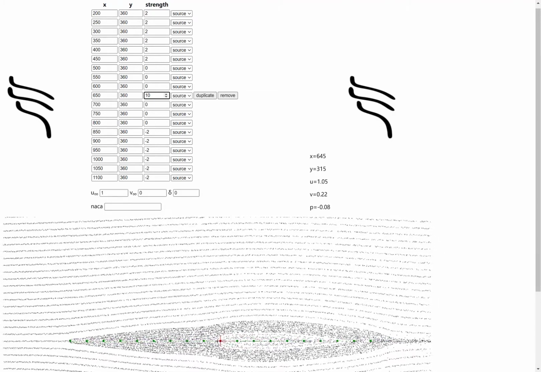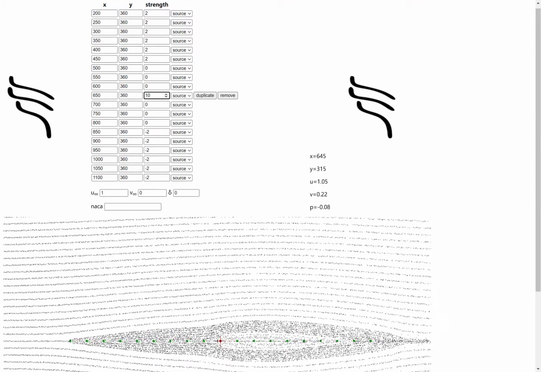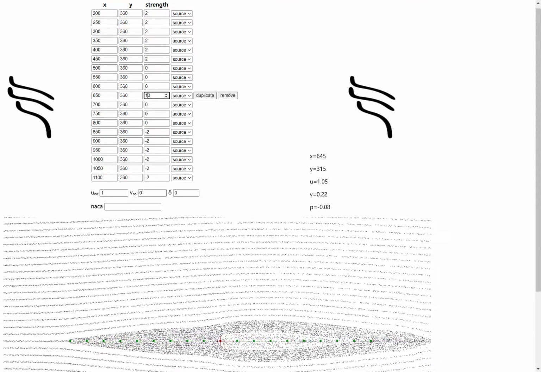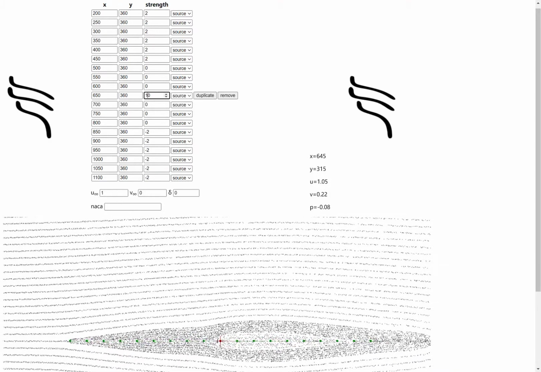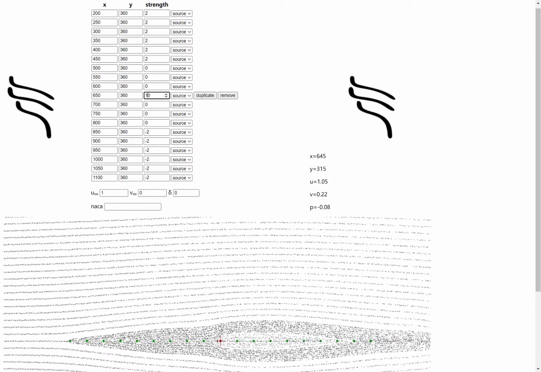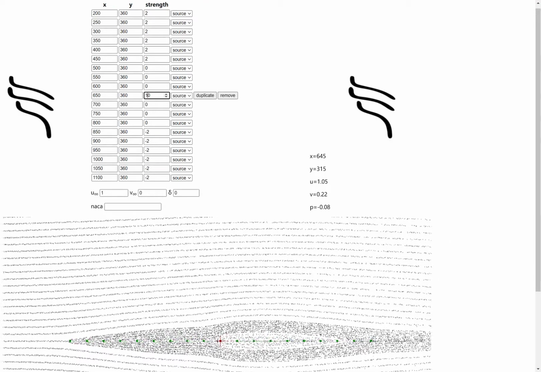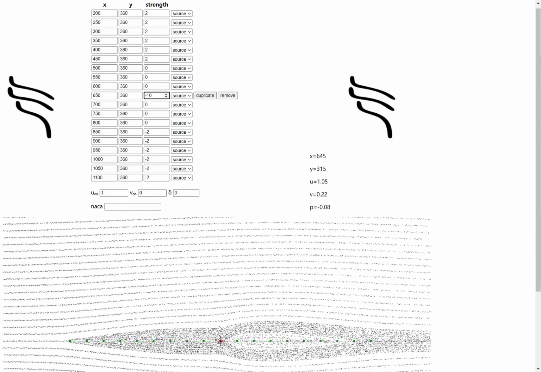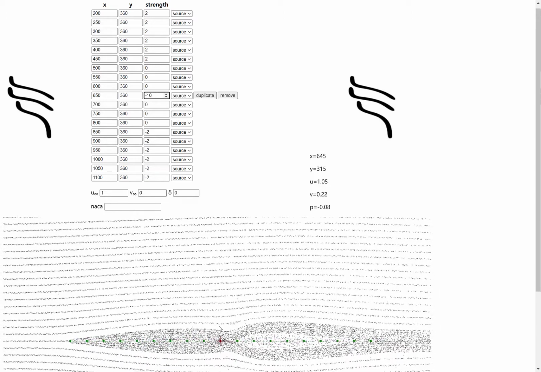So basically, it makes a positive contribution here and a negative contribution here. So a positive source here makes the airfoil thicken at this location. And a negative source or sink here makes the airfoil thin out at that location.